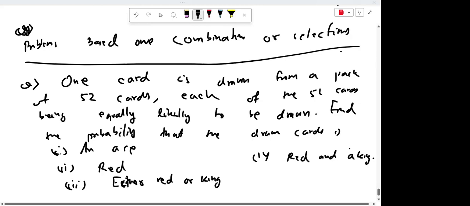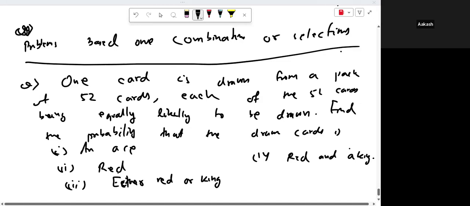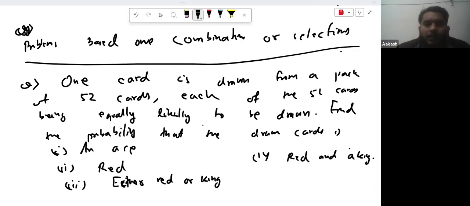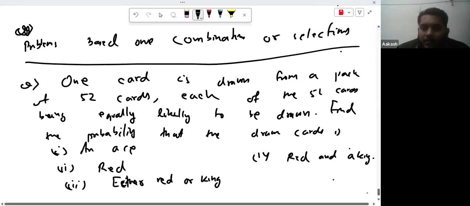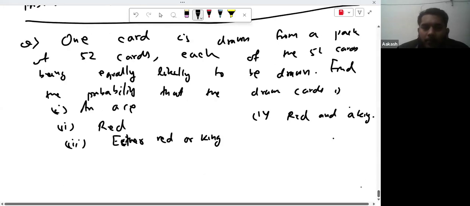Sir, can you explain the last two, 3 and 4? Okay. So they are saying one card is drawn from a pack of 52 cards, each card being equally likely. That means there is no biasing in the card. Find the probability that the drawn card is an ace. So we have 4 aces, so 4C1, and we have 52 cards, so 52C1.